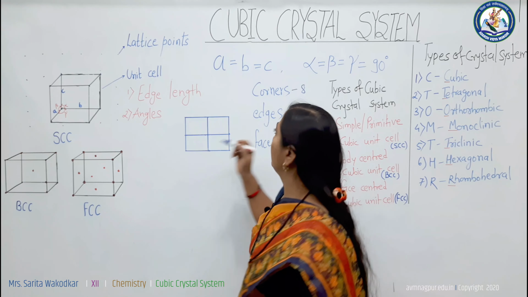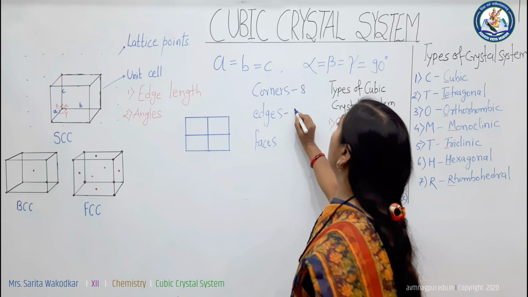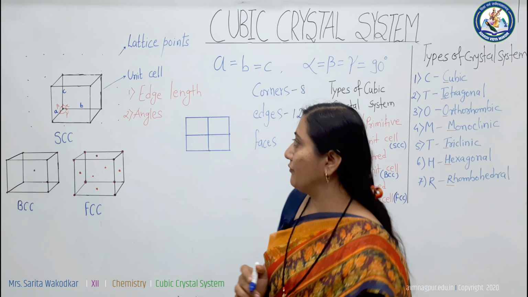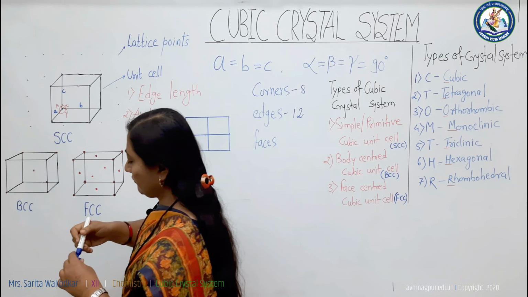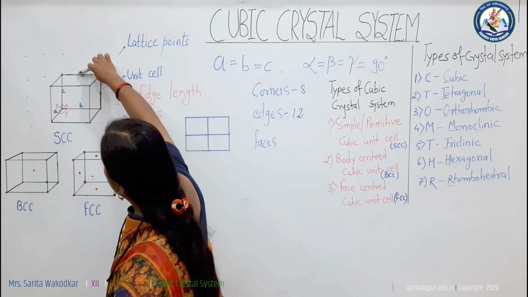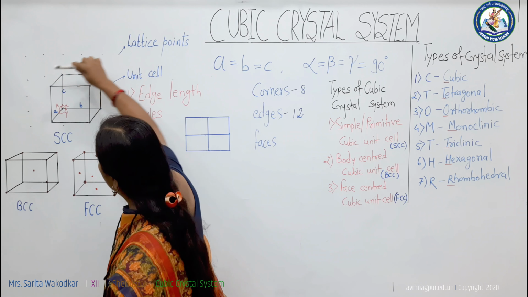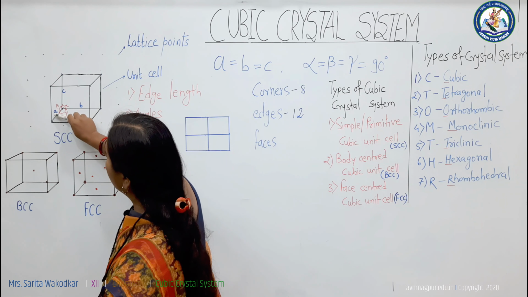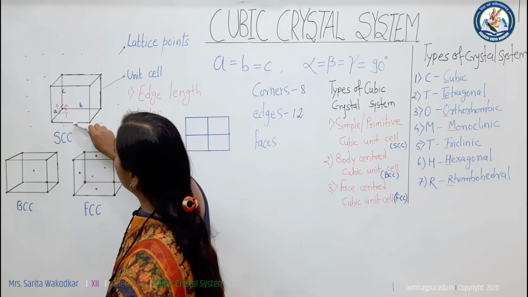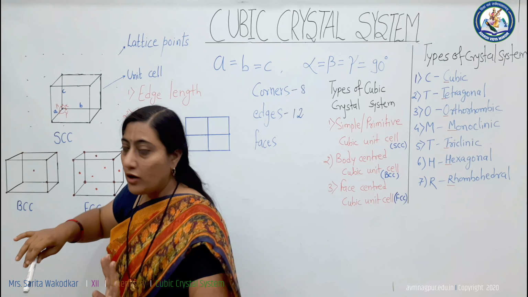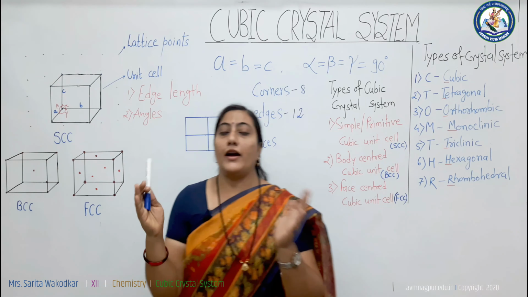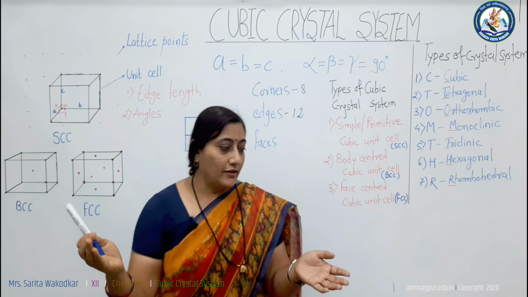Second, edges. Total 12 edges are there. See, first, second, third, fourth, 4 from the upper side, 5th, 6th, 7th, 8th, 4 from the lower side, 1, 2, 3, 4 and 4 from the side.